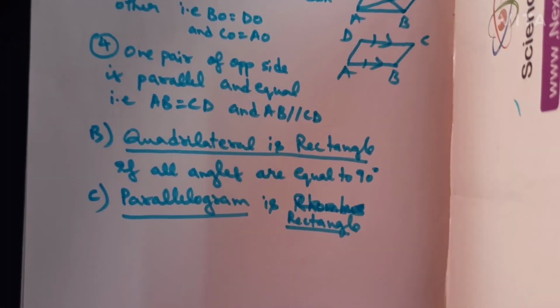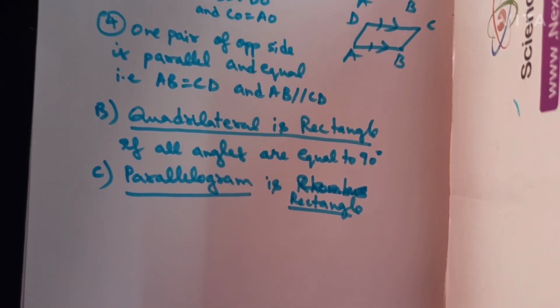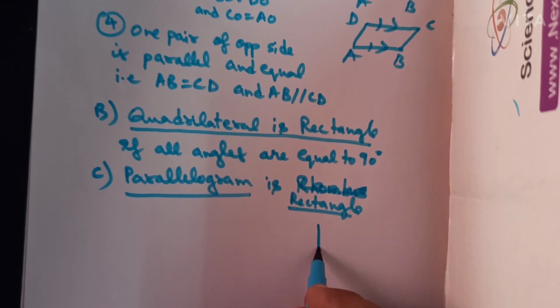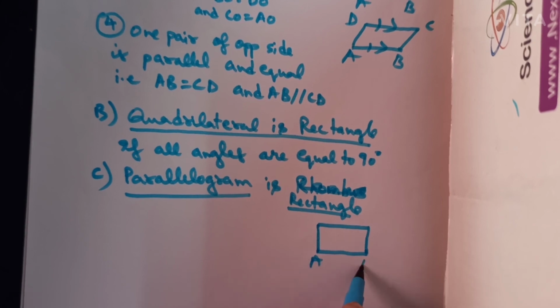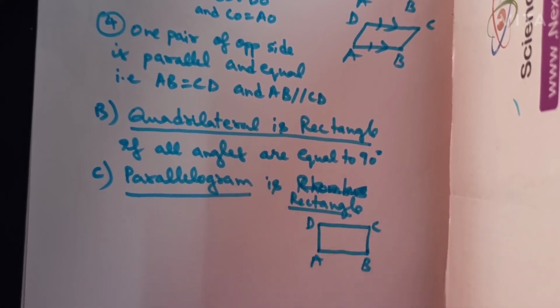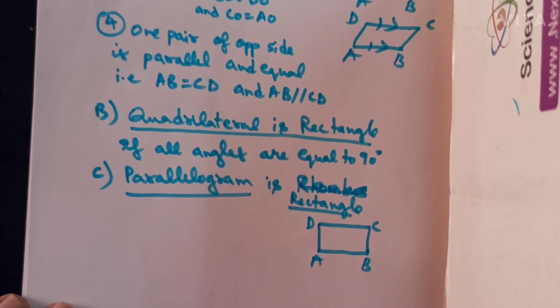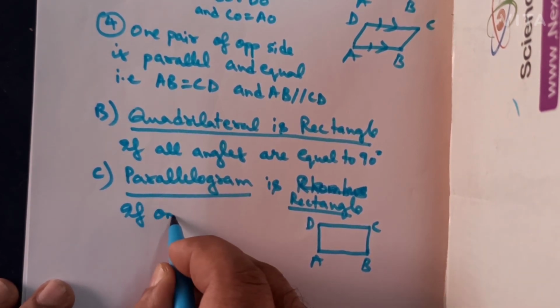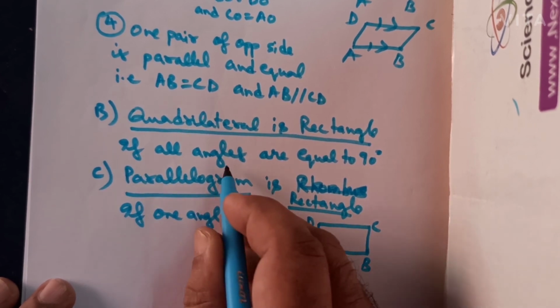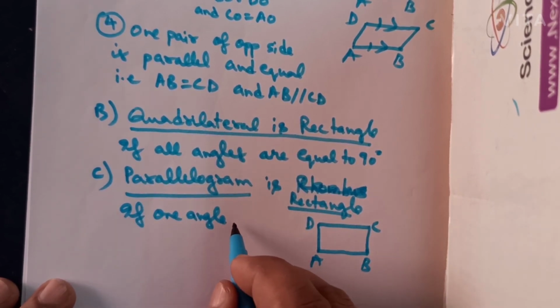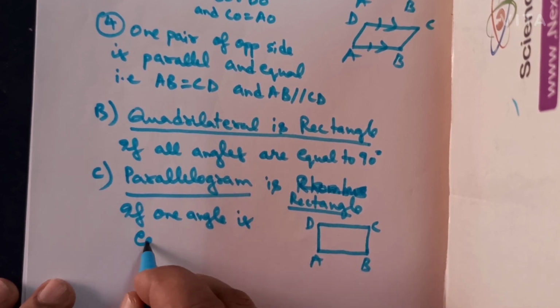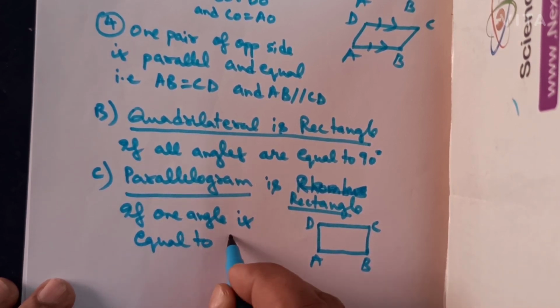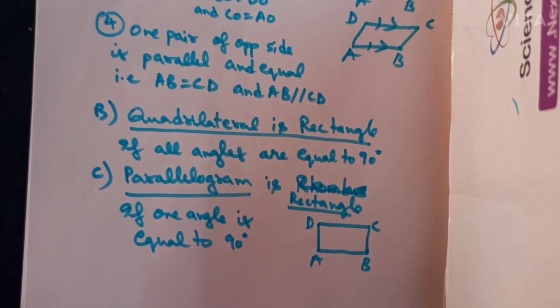But if we want to prove that a given parallelogram is a rectangle, it is given that ABCD is a parallelogram and we need to prove that it is a rectangle. So only if one angle, not all angles, only one angle is equal to 90, then it is a rectangle.